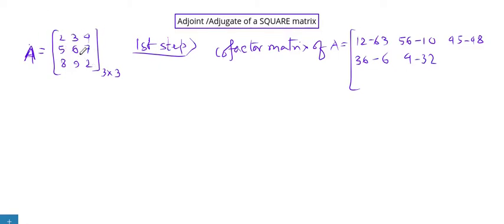Then the cofactor of 7 would be 18, with the plus minus sign, so it will be 24 minus 18.